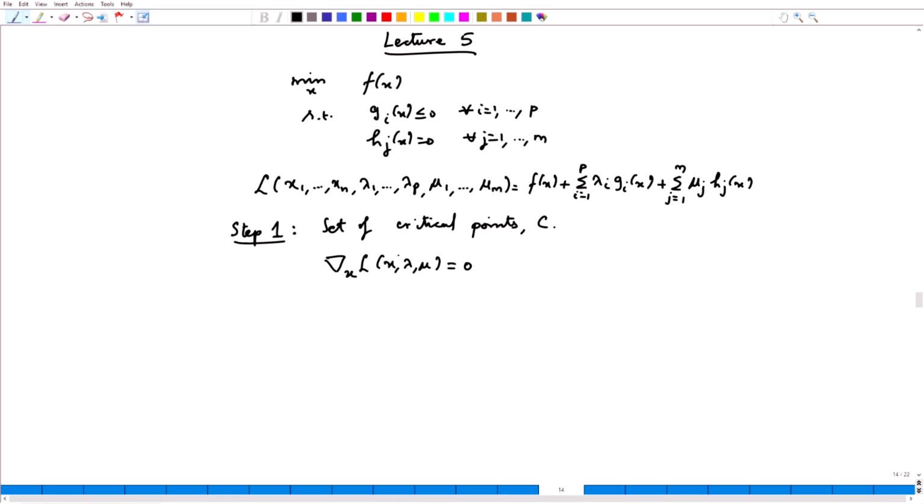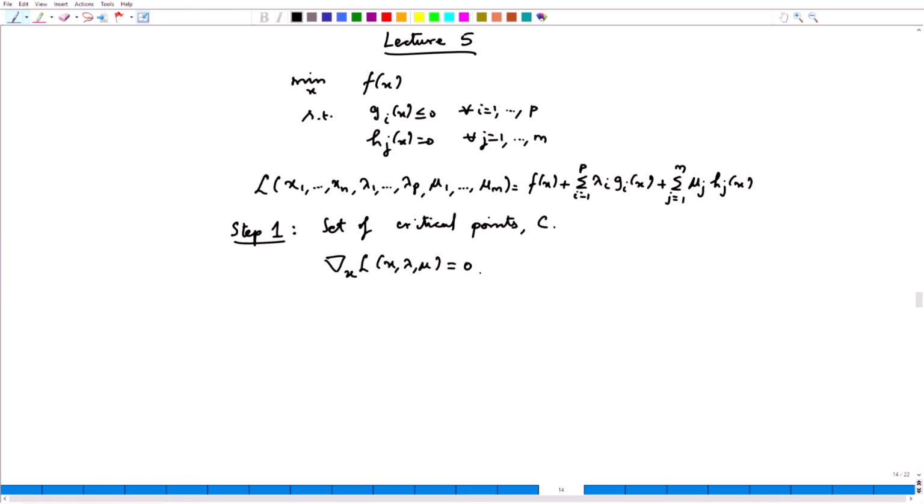Okay. So, the x, lambda and mu that we are going to find should satisfy this constraint, that is, when you take the gradient of the Lagrangian only with respect to the x variables, right, that must be equal to 0. Okay.